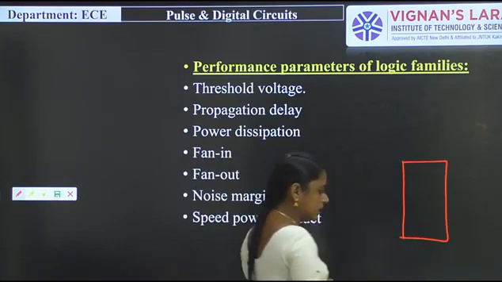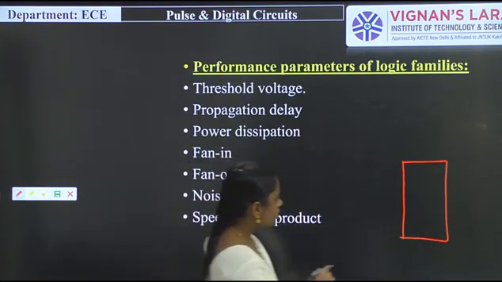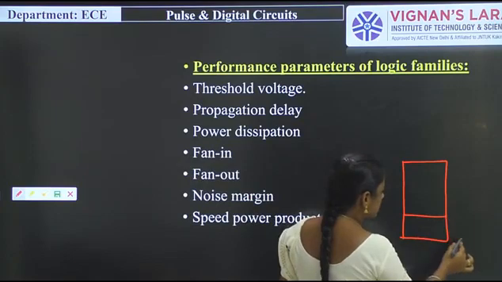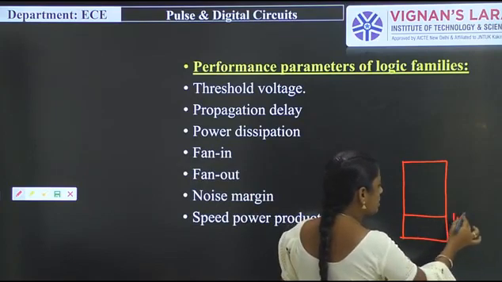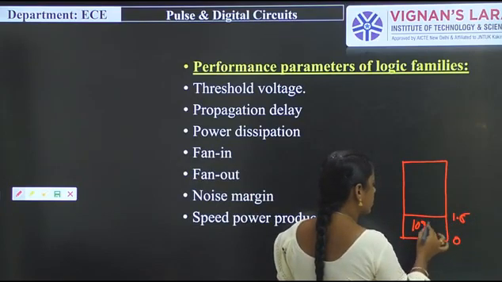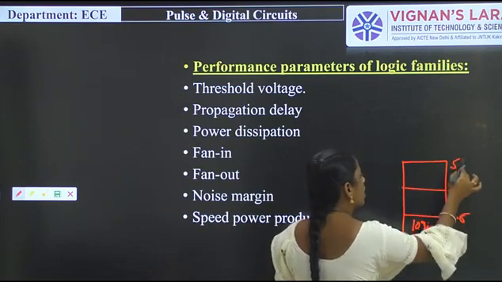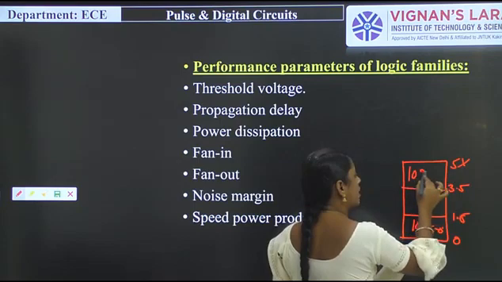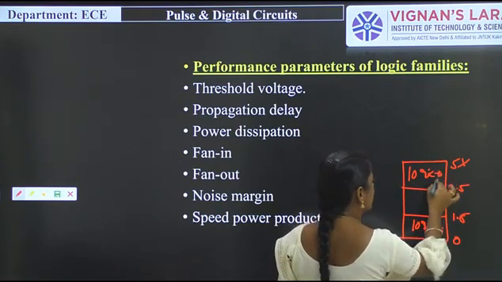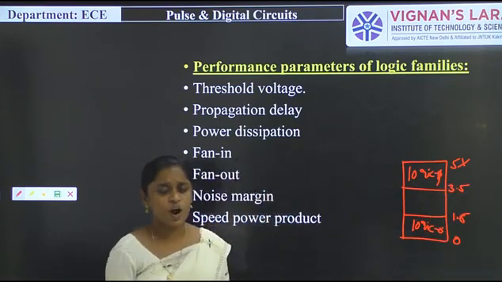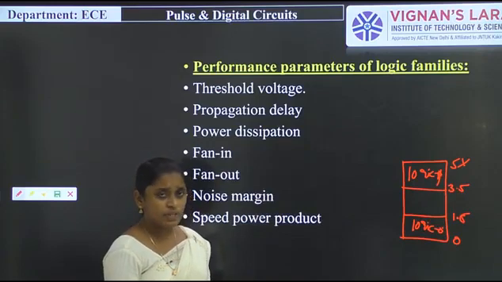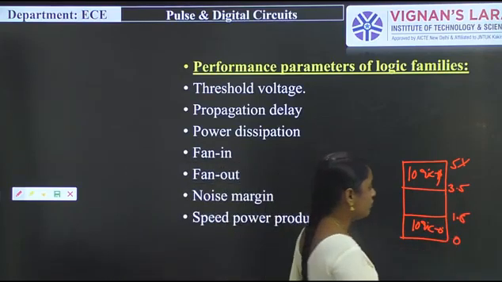Generally, 0 to 1.5 volts is represented as logic 0, and 3.5 to 5 volts as logic 1. We don't produce a correct 5 volt signal or a correct 0 volt signal for the representation of logic 0 and logic 1. So that's why we represent them in these ranges, 0 to 1.5 volts for logic 0.